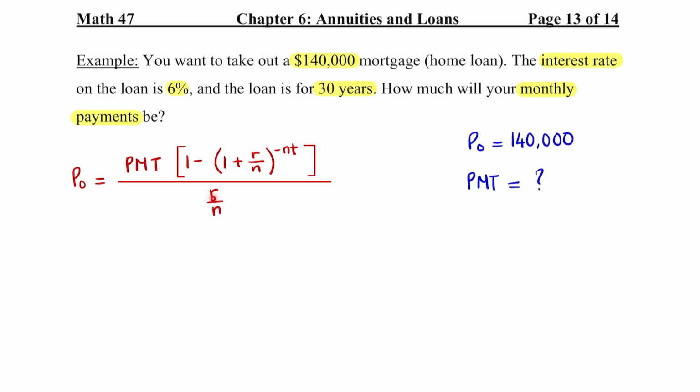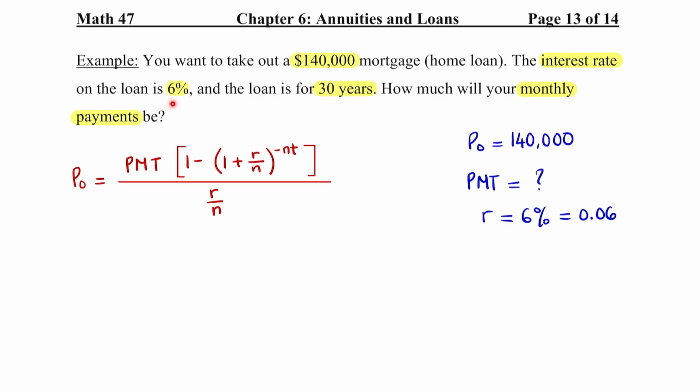R is the interest rate, which is 6%, and equivalent to 0.06 in decimal. N is the number of compounding periods in 1 year. In this case, I am making a monthly payment. So my interest will be assumed to be compounded monthly as well.